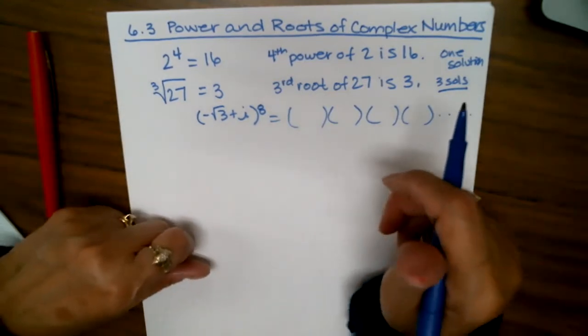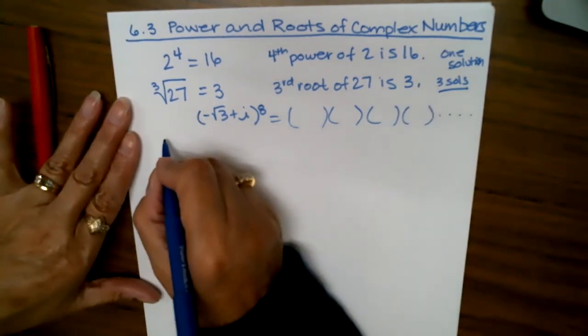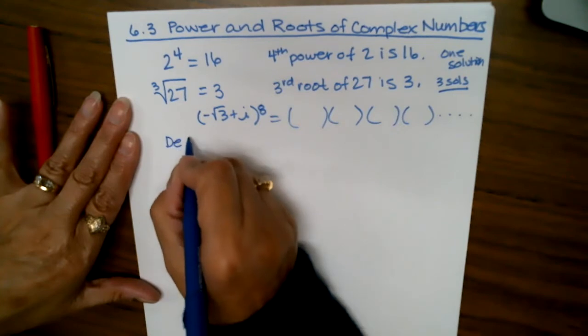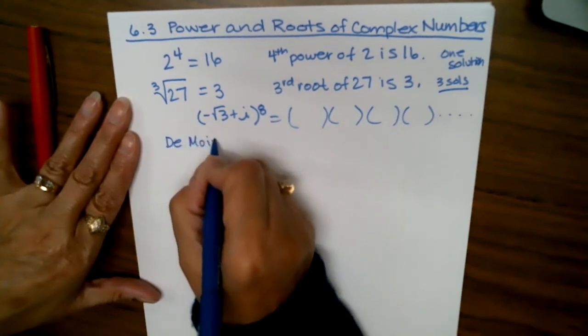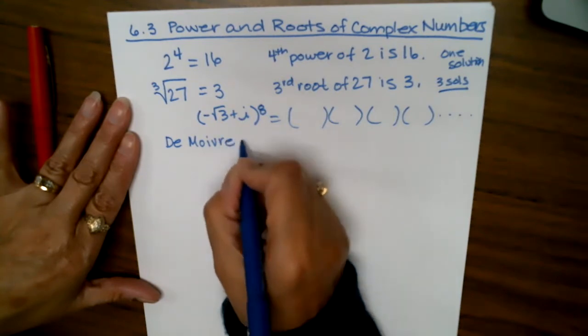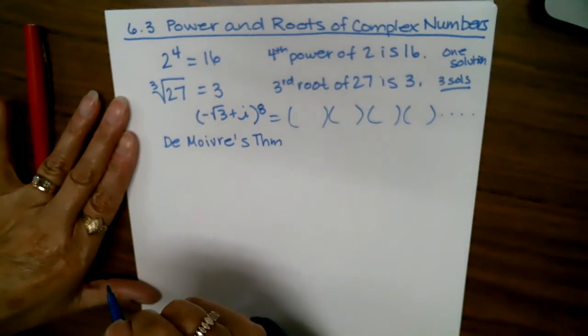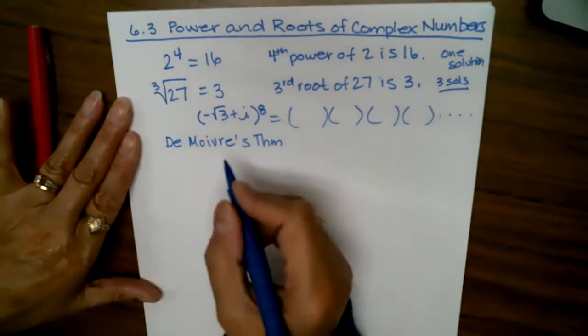This is why there is a theorem. A French guy, pronounced de Moivre, came up with this theorem.